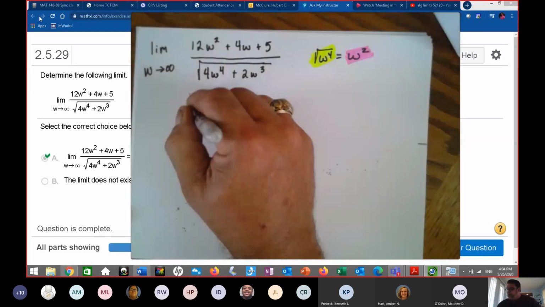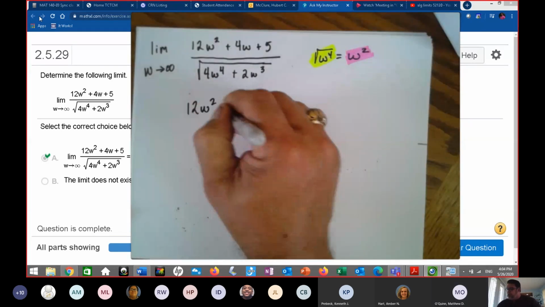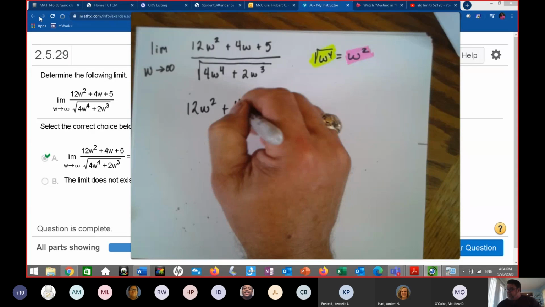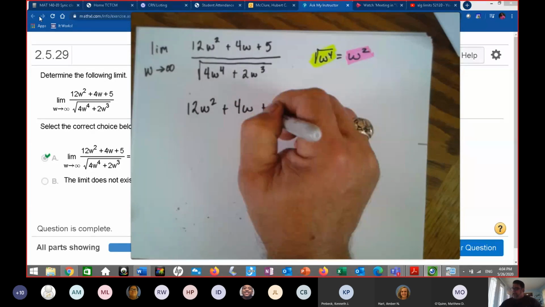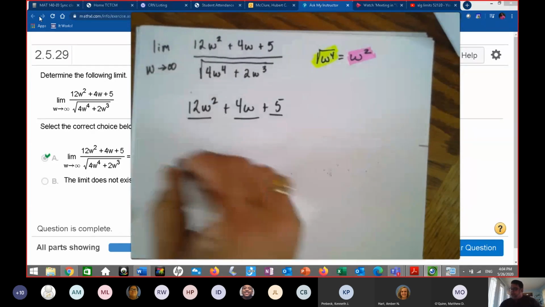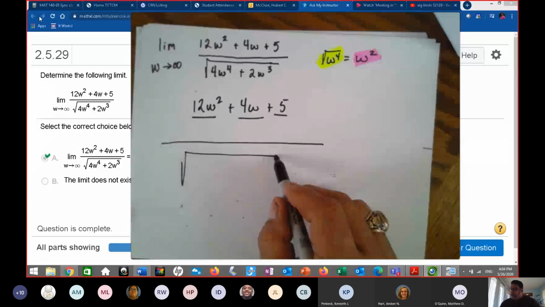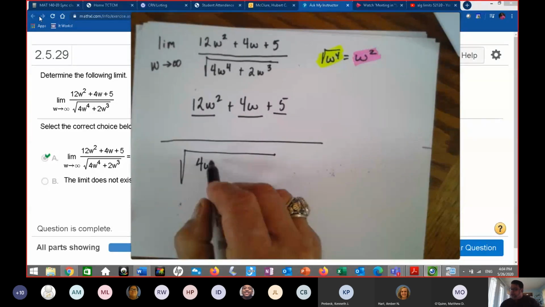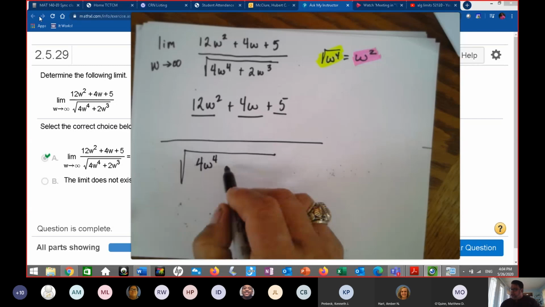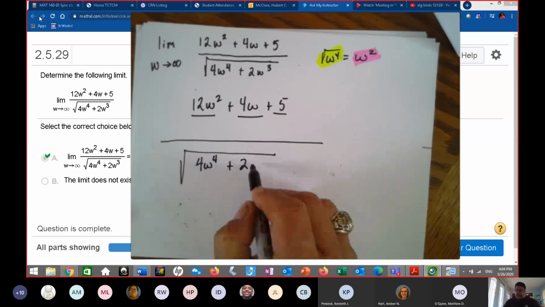12W squared plus 4W plus 5 over the square root of 4W to the fourth plus 2W cubed.